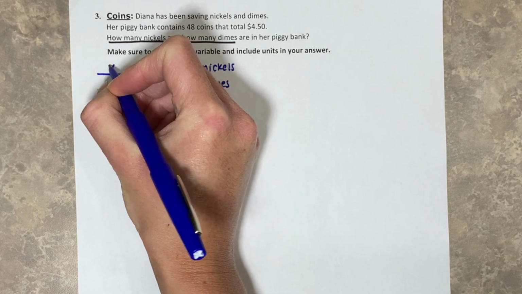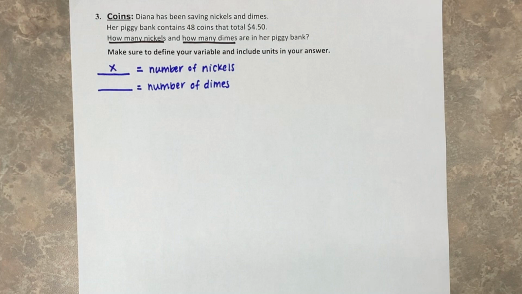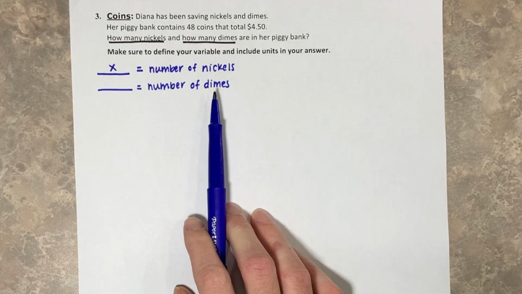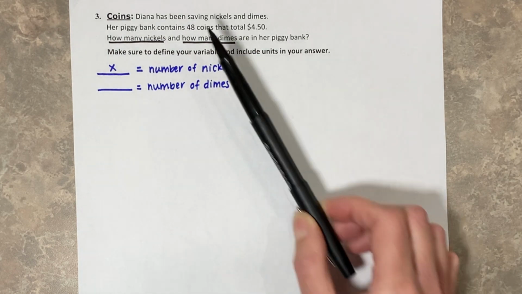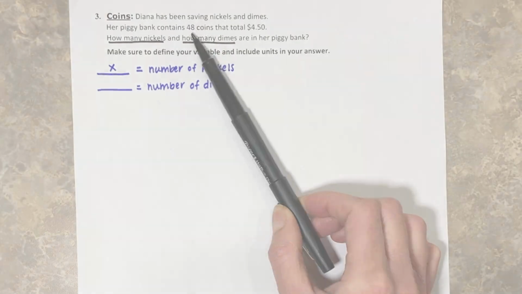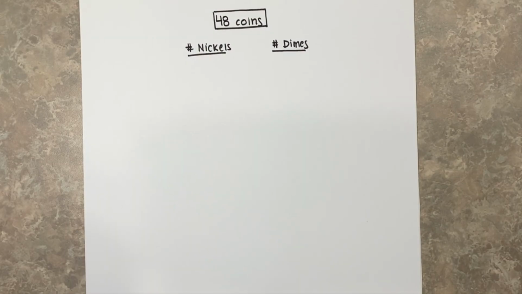So I'm going to let x represent the number of nickels, but if you prefer, you could let x represent the number of dimes. Now the next step, we want to represent the number of dimes using x. So to start, let's identify how many total coins we have. We can see from the problem that we have 48 total coins. So on a separate sheet of paper here, we don't know how many nickels we have or how many dimes we have.